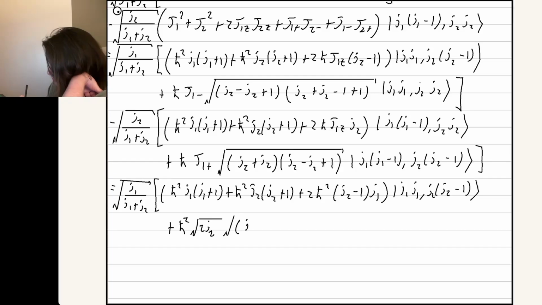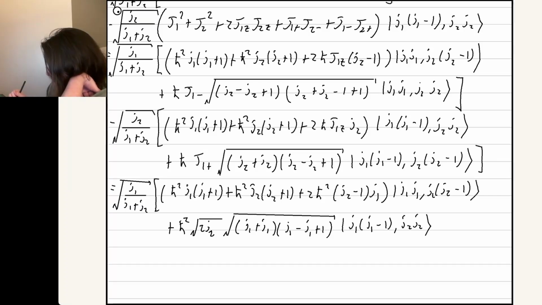So we have j1 plus j1, j1 minus j1 plus 1. Acting on j1, j1 minus 1, j2, j2. Okay, and then minus this stuff.